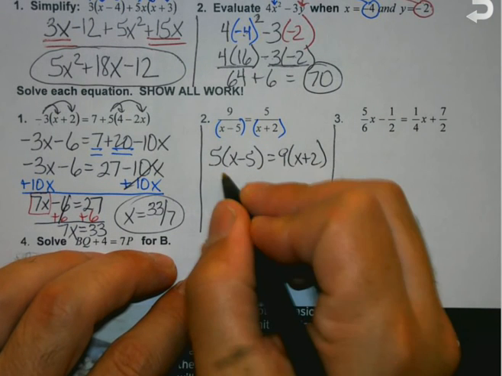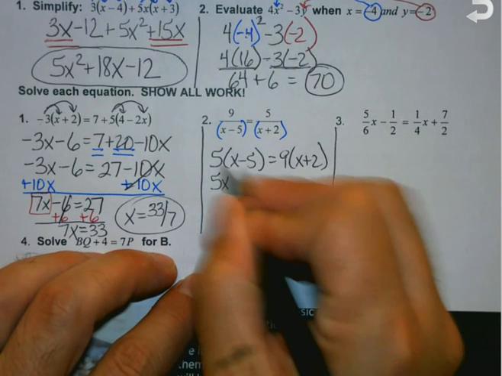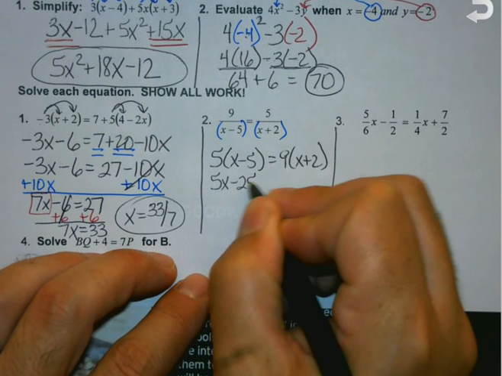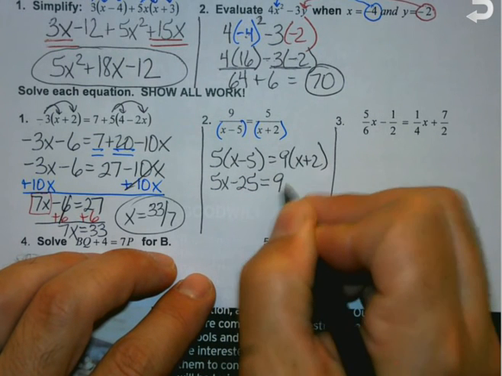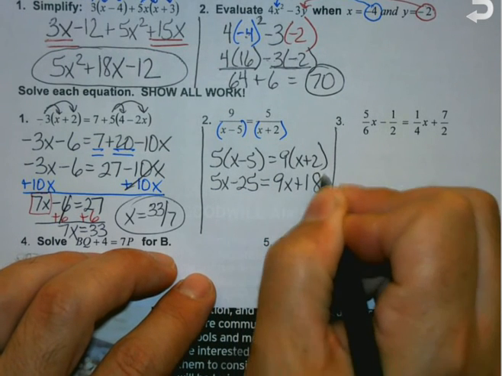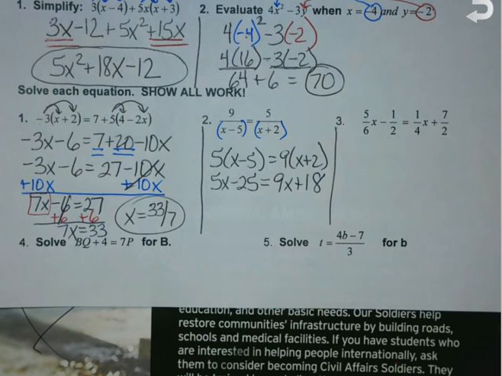So we'll do our distributing. It's just pretty much just cross multiply and just simplify. Yep, it's just cross multiplying and then simplifying it out.